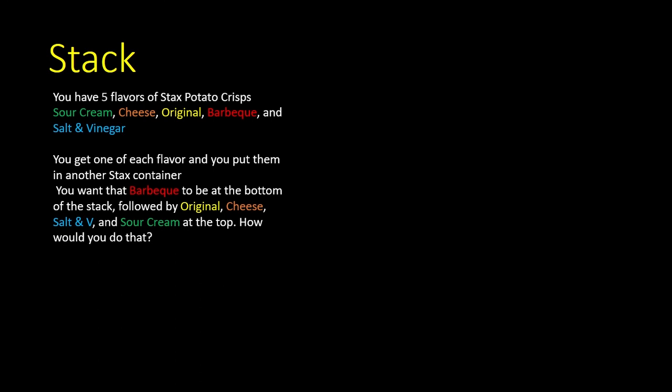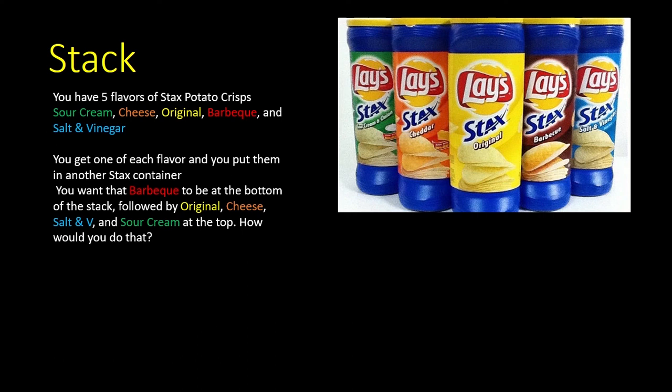Alright, so for our little problem solution, let's say you have 5 flavors of potato crisps: sour cream, the green one, cheese, original, barbecue, and salt and vinegar.